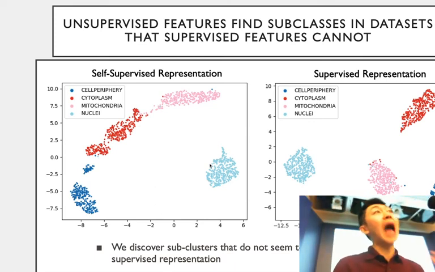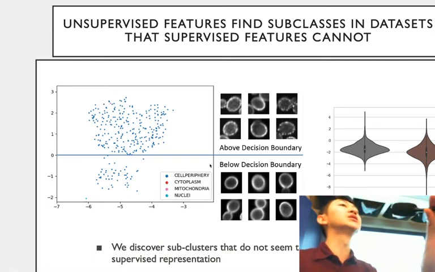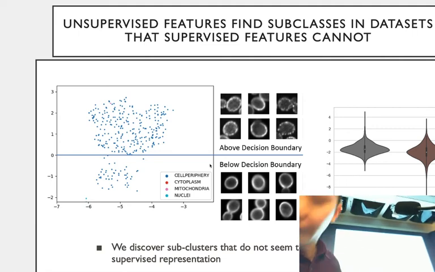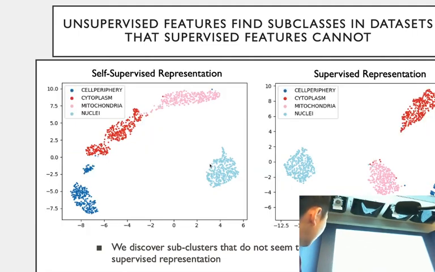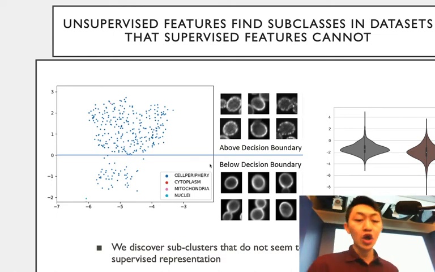What we've been analyzing is that some of these subclasses seem to be biologically relevant. For example, within the periphery subclass, which was the blue one over here previously, the two clusters seem to correspond to smooth-looking cell periphery proteins versus bumpy cell periphery proteins. I think this is a really important conceptual point.